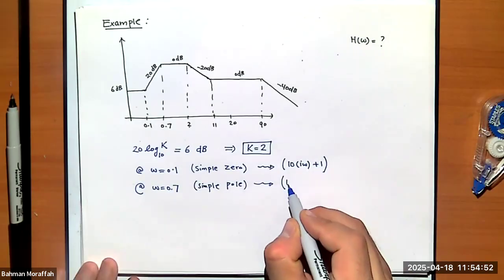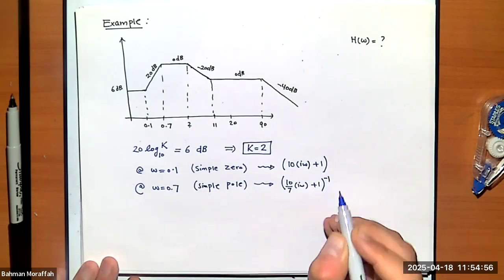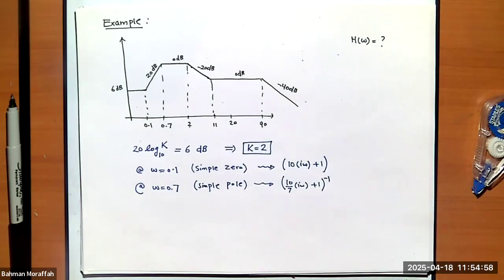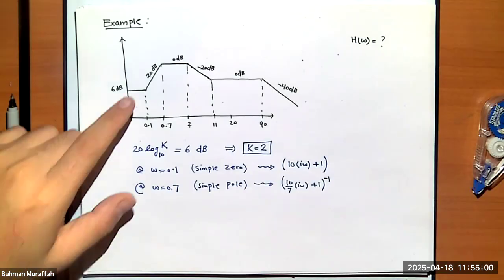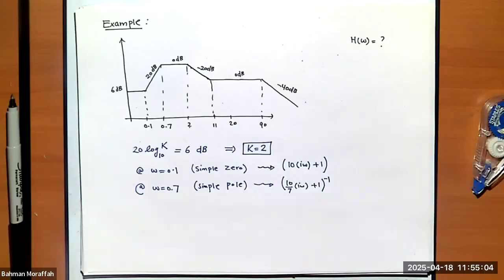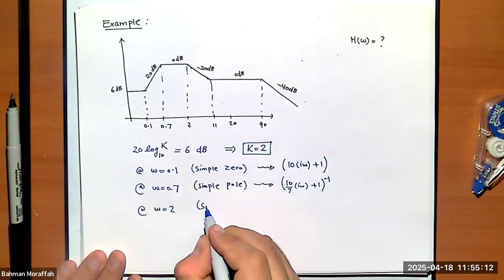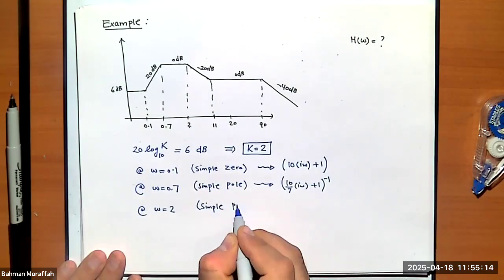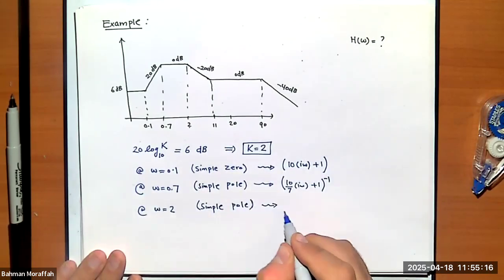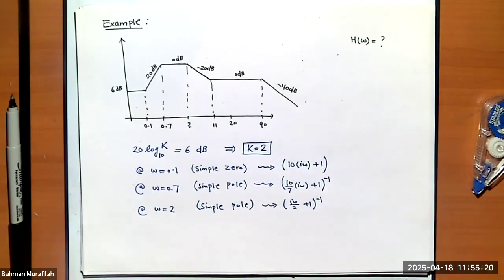So it's 10 over 7 I omega plus 1 inverse. Again, life is pretty good till I hit this 2. I'm going flat, then I go down. I have to have a pole. So at omega equals 2, I have a simple pole. I can write it as I omega over 2 plus 1 to the power of negative 1.